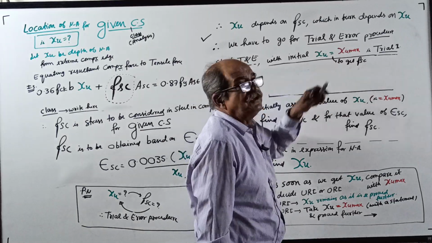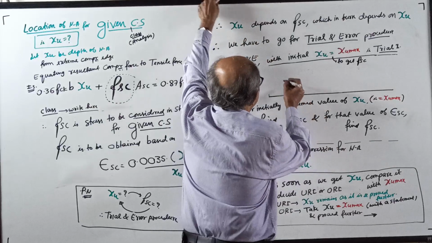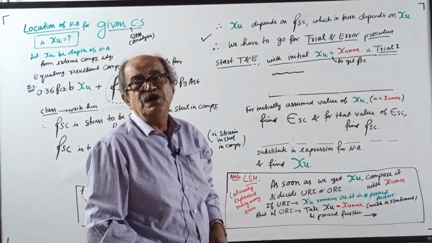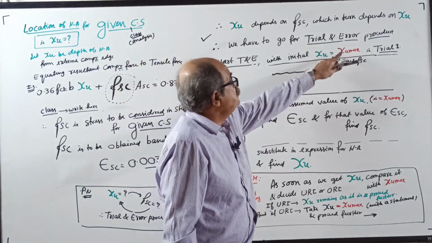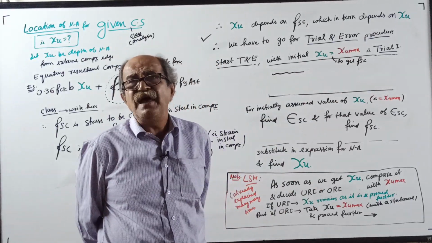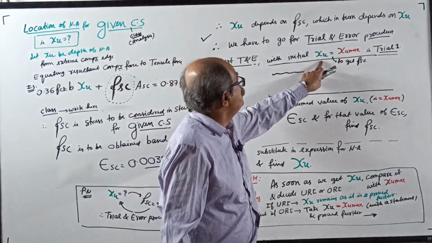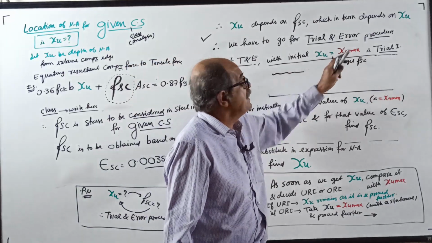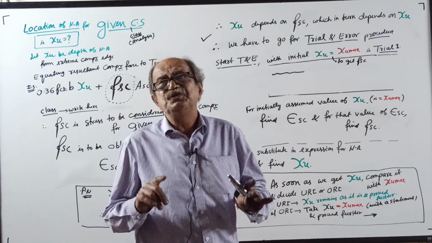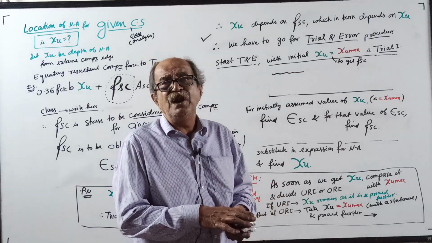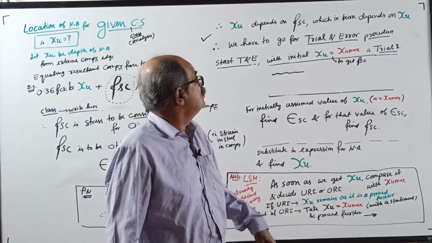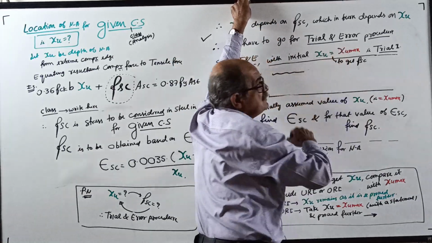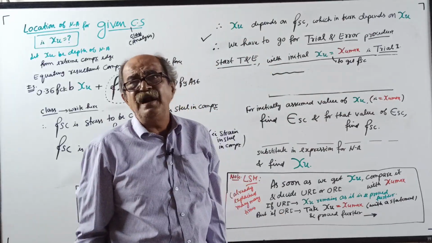Okay. Now, why XU max? You write here, something I will explain. Why XU max means, you know one thing. If XU comes less than XU maximum, it will remain as it is. But in case XU goes above XU max, the higher value is cancelled, we take it equal to XU max. So one thing is sure, we cannot use the value of XU more than XU max. You have to consider XU finally either XU max or lesser, depending upon under reinforced or over reinforced.